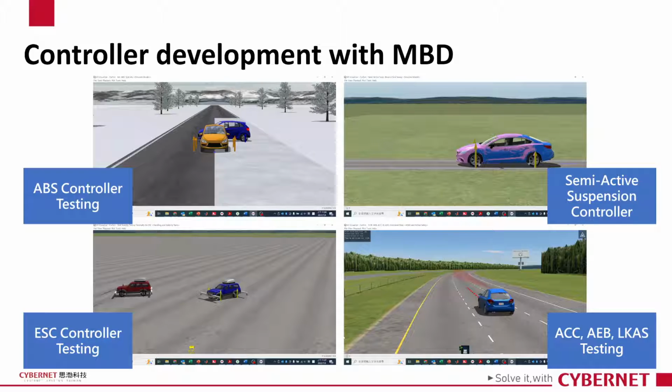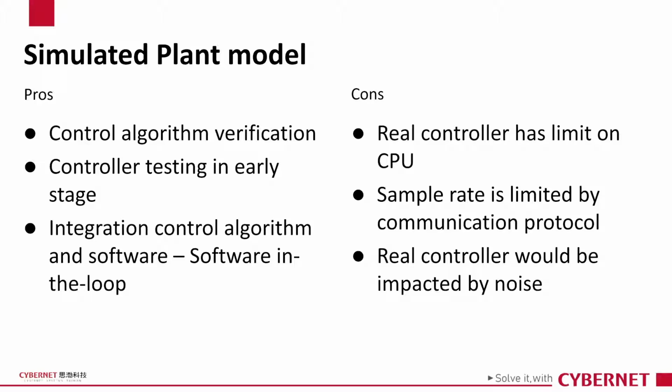However, if we just test our controller in simulation, there will be some pros and cons. Of course, with simulation, we could do control algorithm verification. The controller could be tested at a very early stage, and this is what we call software in the loop. However, the real controller has some physical limits.